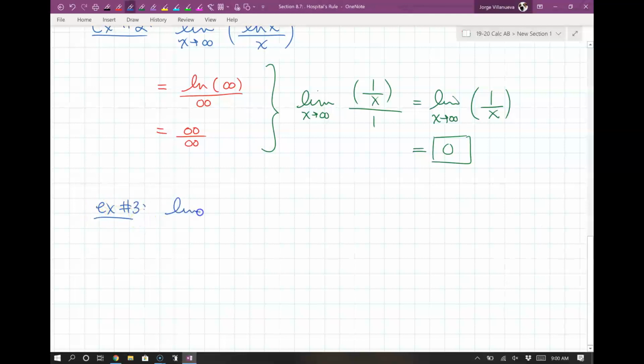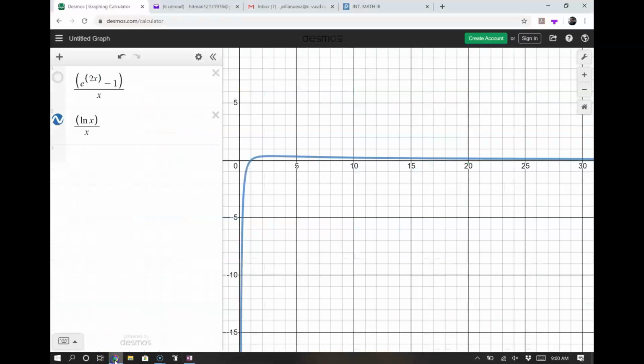So we're going to find the limit as x approaches infinity, negative infinity, I think, of x squared over e to the x. Let me just graph this for us here.